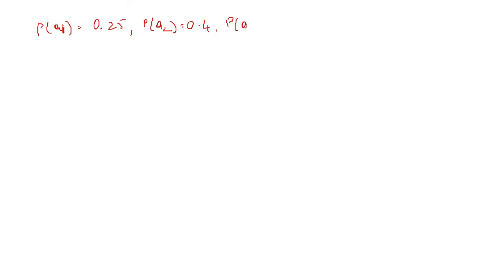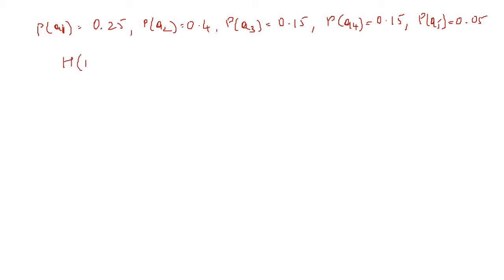P of A3, the third row, is 0.15. P of A4, the fourth row, is 0.15 again. Then P of A5, the last row, adding gives 0.05. So we have got the input symbol probabilities.